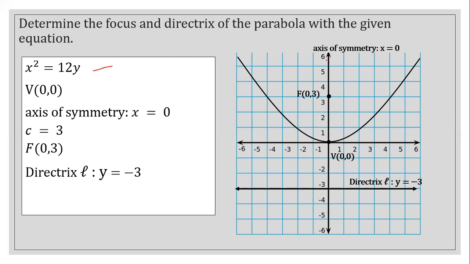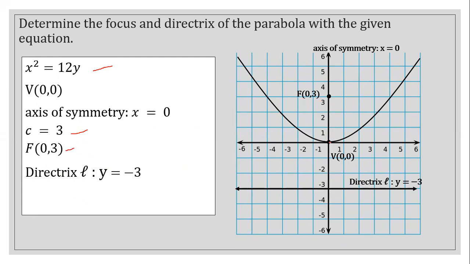The axis of symmetry is at x equals 0. c is equal to 3, so from the vertex you count 1, 2, 3. We can determine the focus above the vertex, since the parabola is opening upward, and that's 3. So the focus is at (0, 3).